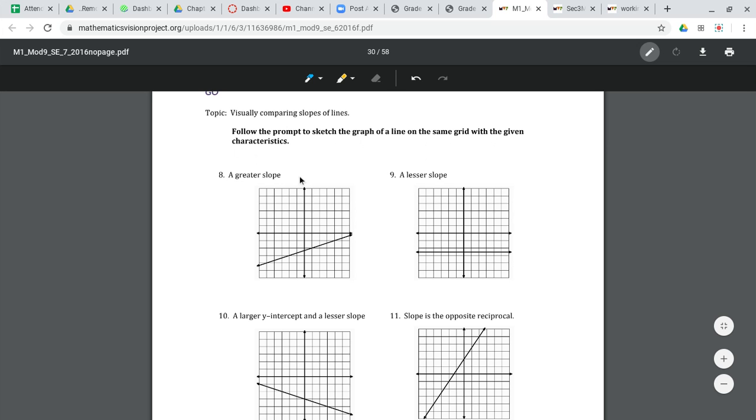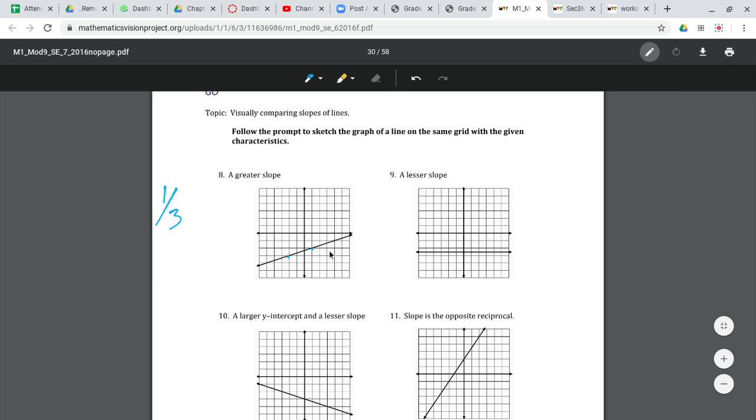So a greater slope. What that means is first we have to figure out what the slope is of the original line. So start from this point and go to this point. So we're going up 1 and over 1, 2, 3. So our original line has a 1/3 slope. So that means we need to create a slope that is more than 1/3.